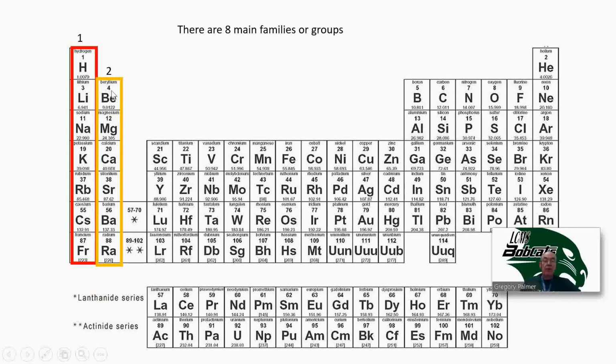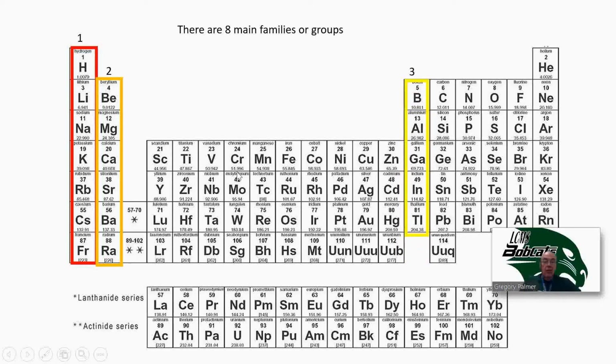Elements in family 2, like we looked at that model of beryllium, have 2 valence electrons. Okay, so magnesium, calcium, strontium, barium, and radium all have 2 valence electrons. So that's one of the properties they have in common.